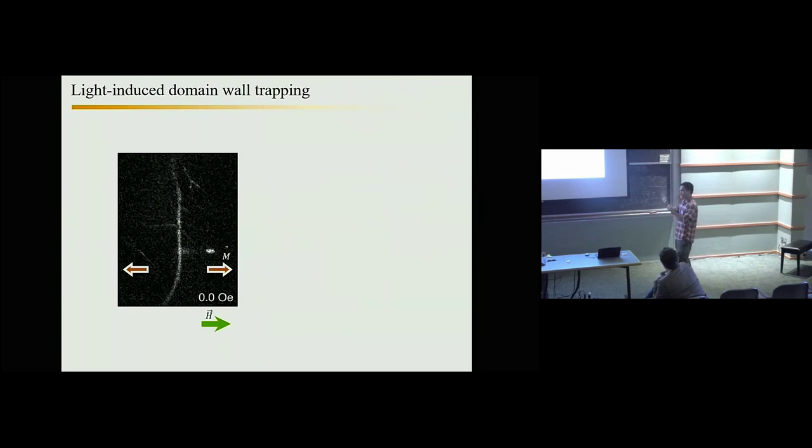How do we define clean? We apply a progressively larger magnetic field, watch the motion of the domain wall, then reduce the field and reverse it, and make sure that as the domain wall moves back and forth, it's not encountering some defect that's pinning it.